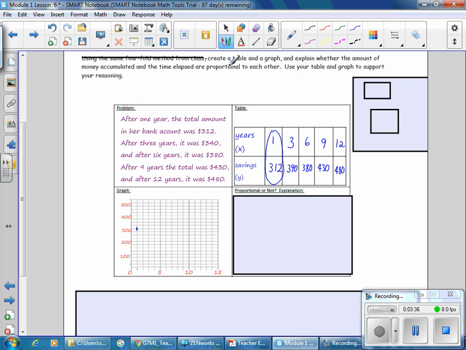And then 3 years is $340. So this is 2 years, this is 3 years, and then up to $340. And then 6 years and $380. And 9 years, $430, over to 9, up to $430, and 12 years, and the balance is $480.